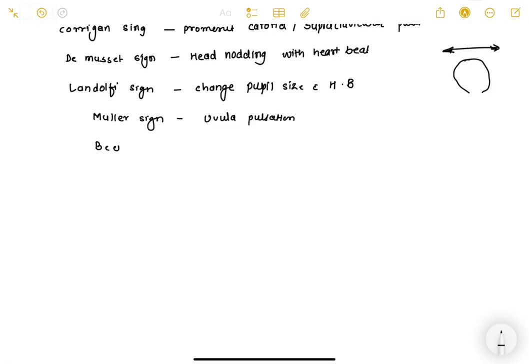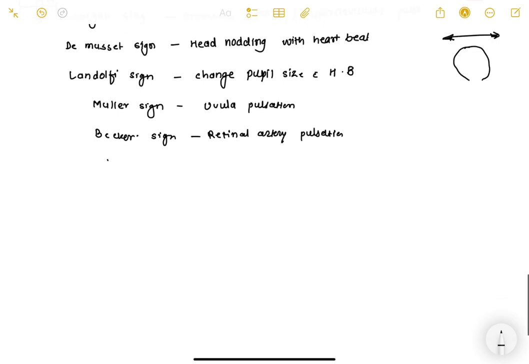Then Becker's sign, it is a retinal artery pulsation. Then Rosenbach sign, it is a liver pulsation.